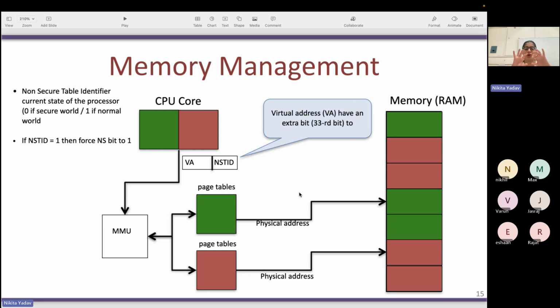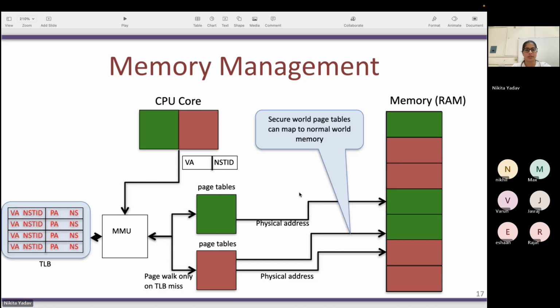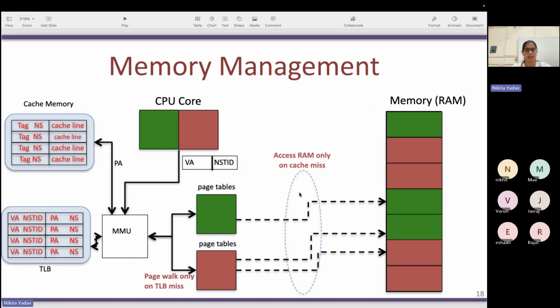You have to enforce that the OS which is running in your normal world cannot access the memory of the code which is running in your secure world. So that is enforced in this way. These were the details basically.